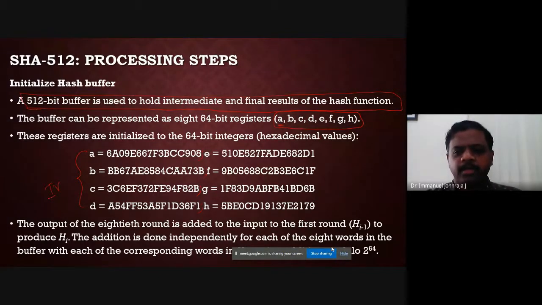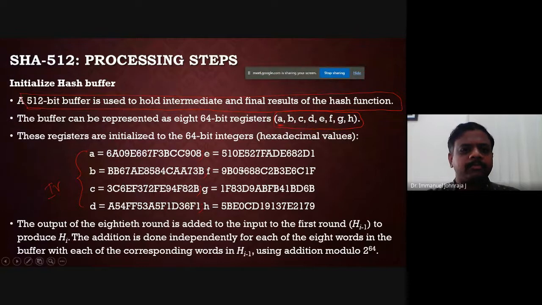All right, and then the output of the 80th round, which means there are 80 rounds in a function, is added to the input of the first round to produce Hi. Don't worry about this 80th, the number suddenly coming out of the blue. I'll explain what this 80 is shortly.